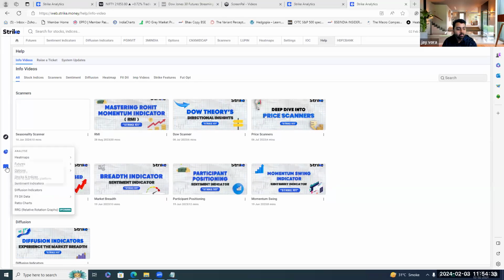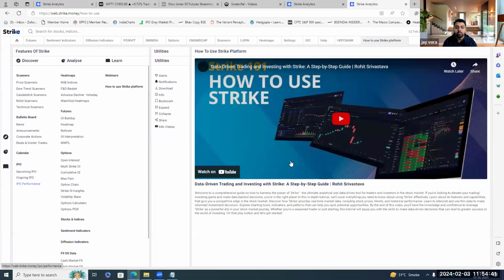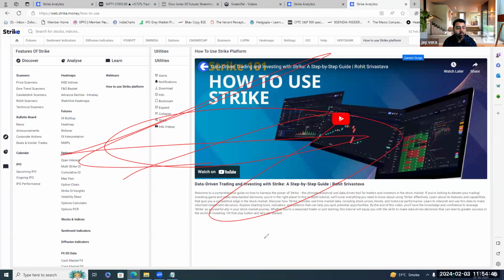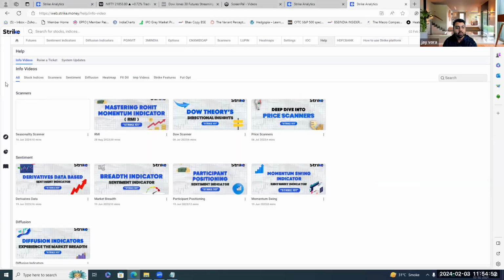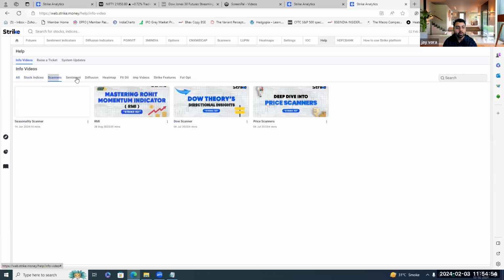See, Chandrasekhar, if you go towards Learn and go to how to use the Strike platform, this will be the starting point of understanding what the Strike platform is all about. Then in each of the sections, you can go through all the videos to understand the tool.